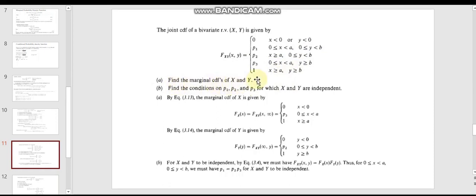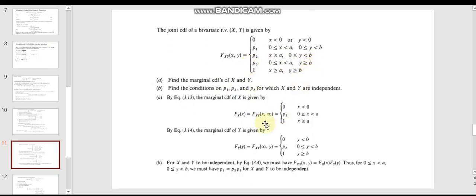So first let's talk about the marginal CDF of x. For the marginal CDF of x, the y should be equal to infinity. So in this case, when x is greater than or equal to 0 and less than a and y is greater than b, here we can incorporate infinity.